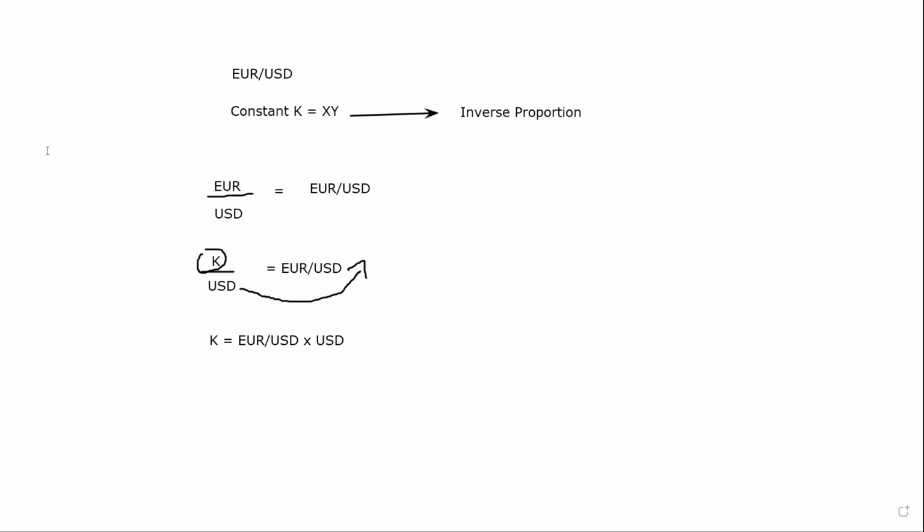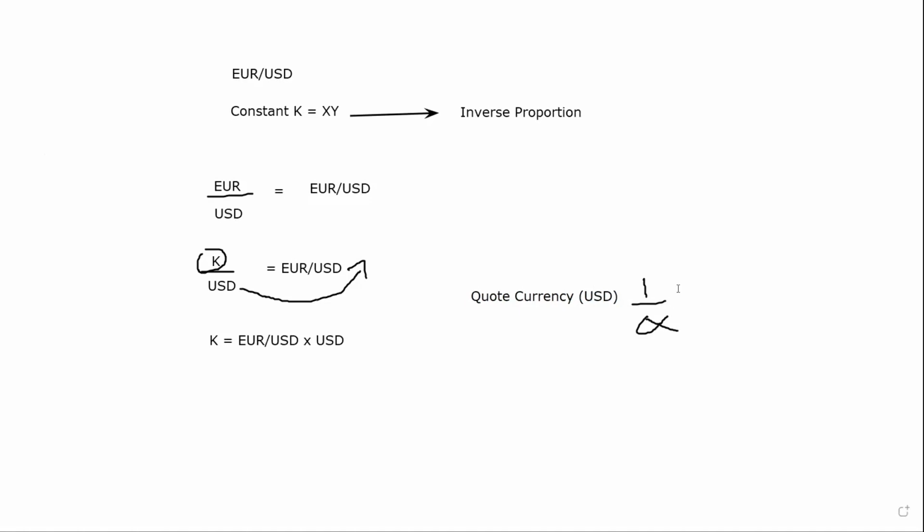All right. So we can write down like this. USD, or you can say quote currency, which is, let's suppose USD, it is inversely proportional. Now, this is the sign of inverse proportion, okay, mathematically.